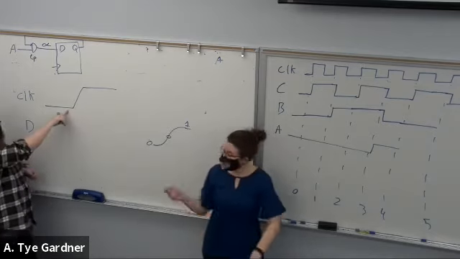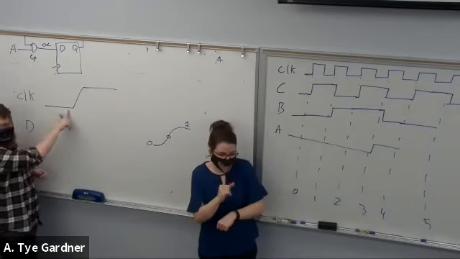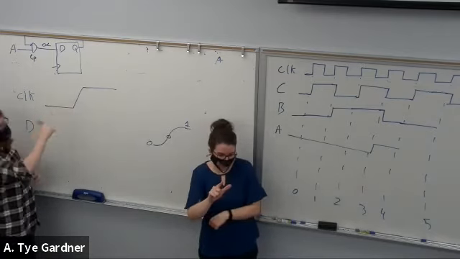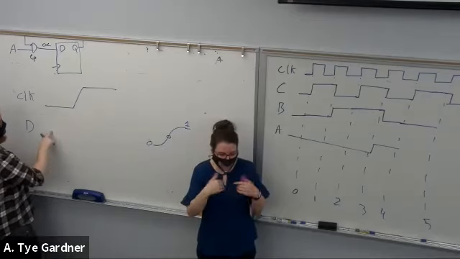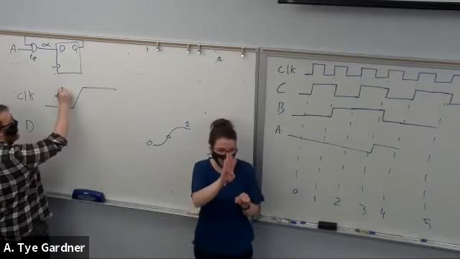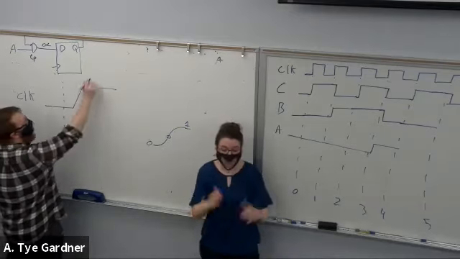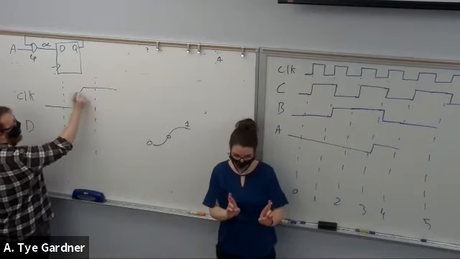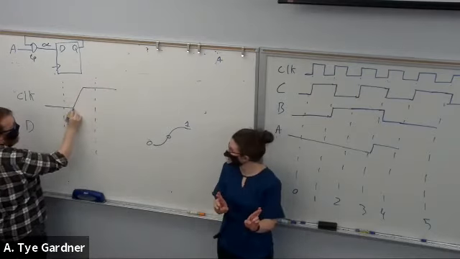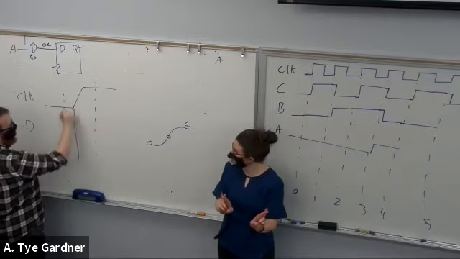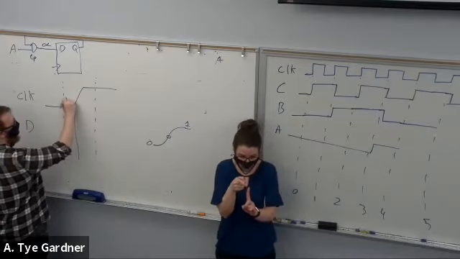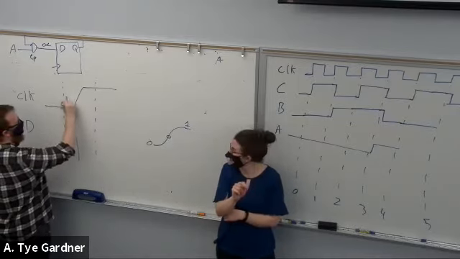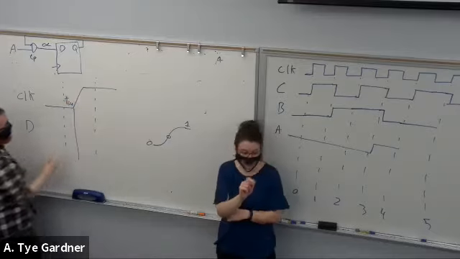So a clock is not ideal either. Clocks have some amount of slope on them as well. So data needs to be ready. We'll call from this point the T setup.